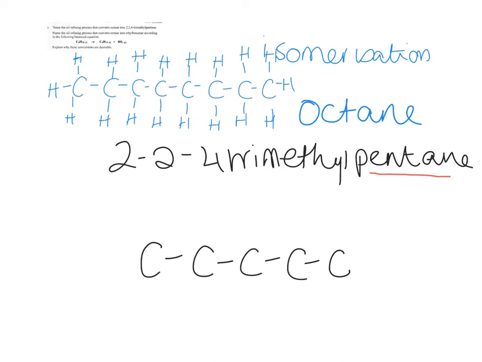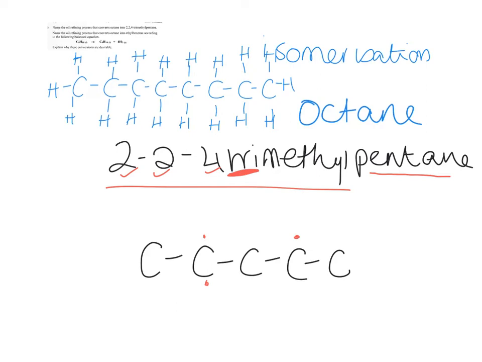Before I add in any of my hydrogens, I want to deal with this mess. Now, 2, 2, and 4 are just indicators. So straight away I know that I have 2 things on carbon 2 and I have 1 thing on carbon 4. I know that those things are all the same, that I have 3 of them. So whatever is on carbon 2, whatever is on carbon 2, whatever is on carbon 4, they're all the same.